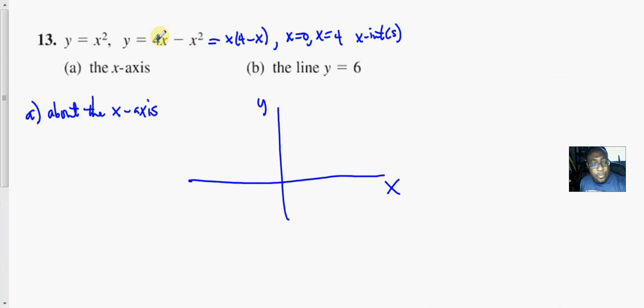The biggest term for this second equation is a negative x squared, so this graph is going downward. We can go ahead and get the other part in there, if you will. The other graph is this parabola. It's the basic parabola.